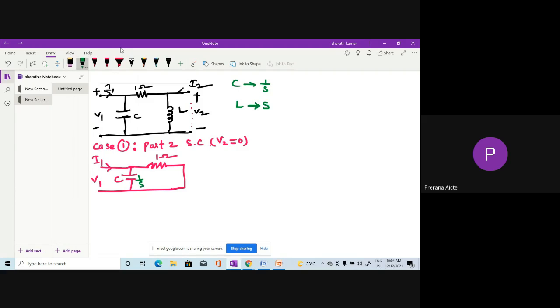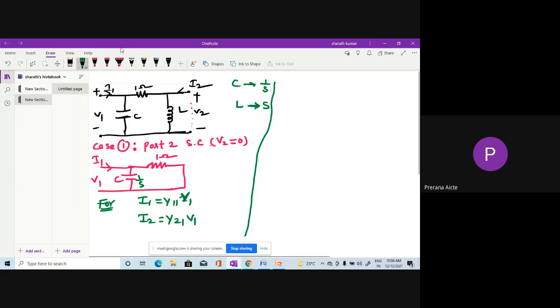In order to find the two-port network parameters, after short circuiting port 2, V2 is equal to 0. I1 is equal to Y11 V1, and I2 is equal to Y21 V1. Just go through the procedure to find it in a simple manner.